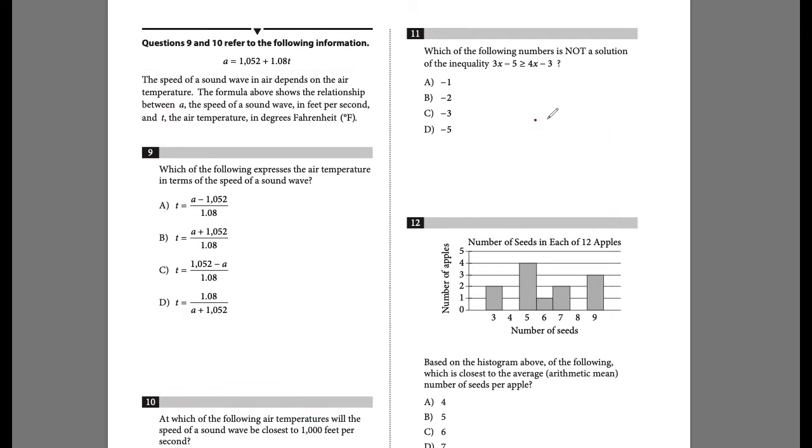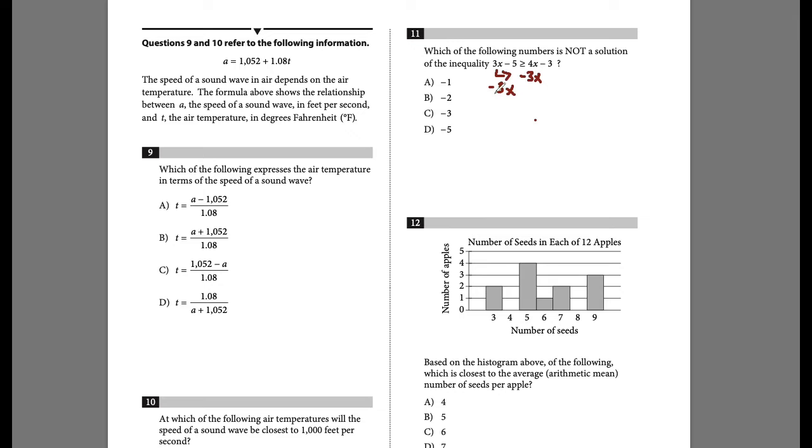Number 11. Which of the following numbers is not a solution of the inequality 3x minus 5 is greater than or equal to 4x minus 3? For this question, what we have to do is get x by itself. We're going to start off by moving this 3x over by subtracting 3x on both sides.